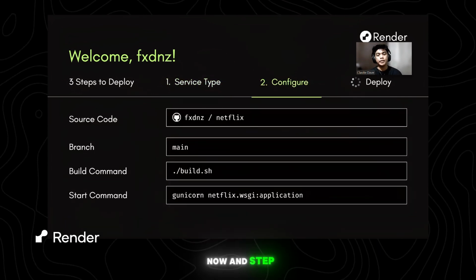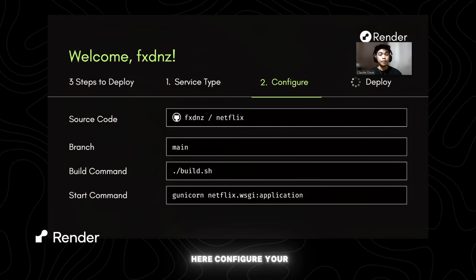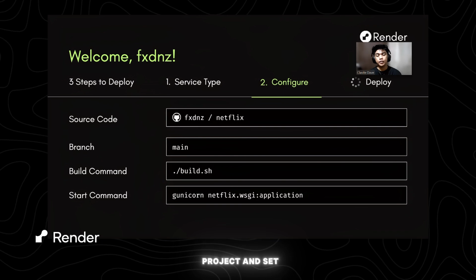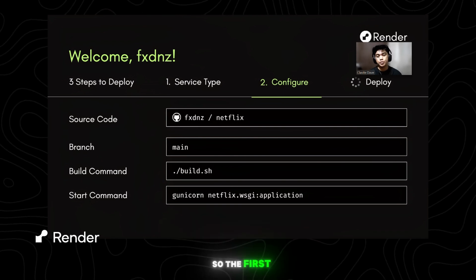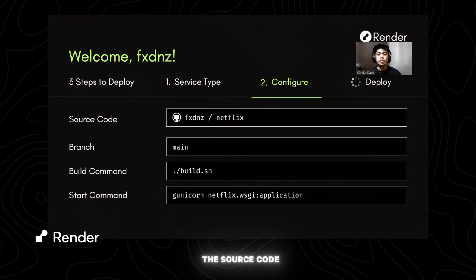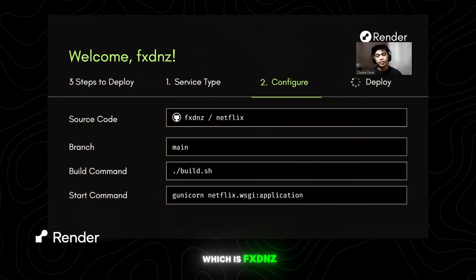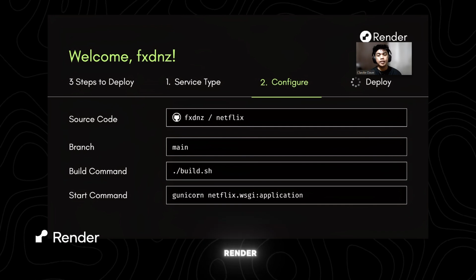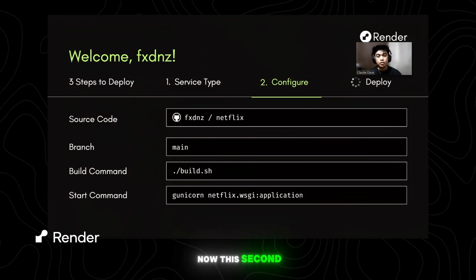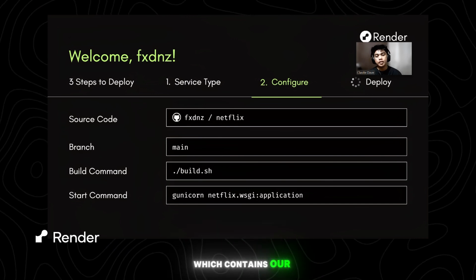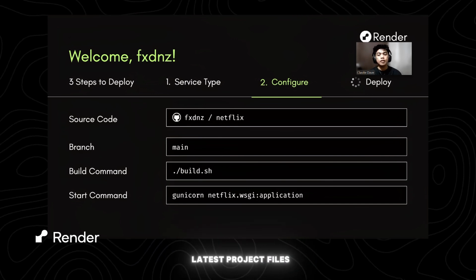Now, in step 2, we configure our application. We need to connect our project and set up some configurations. The first one is to link the source code. We connect our GitHub repository, the Netflix DOS project, to Render. The second is to choose our branch, which is the main branch, containing our latest project files.